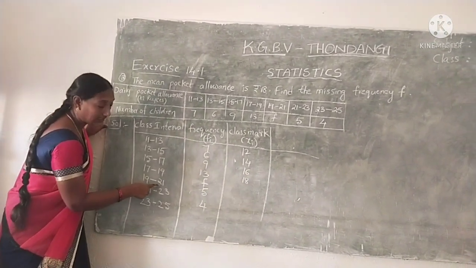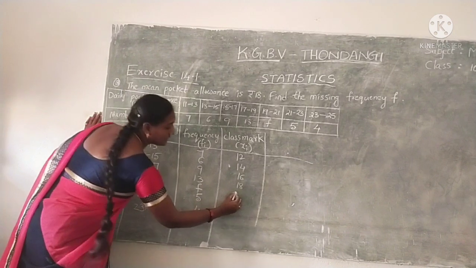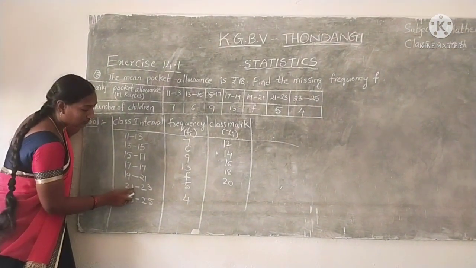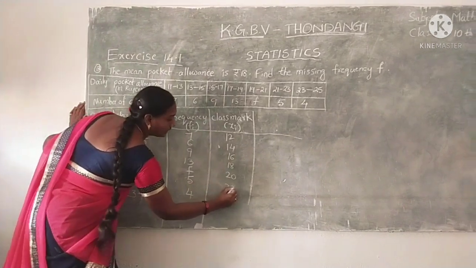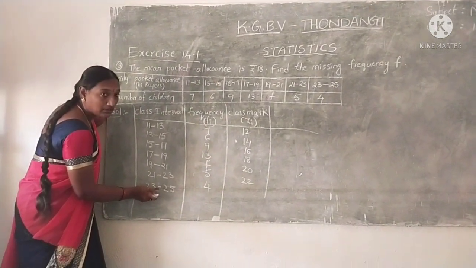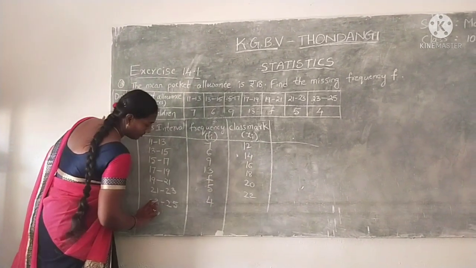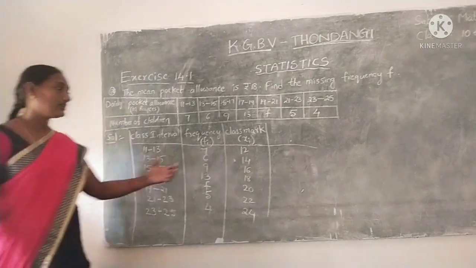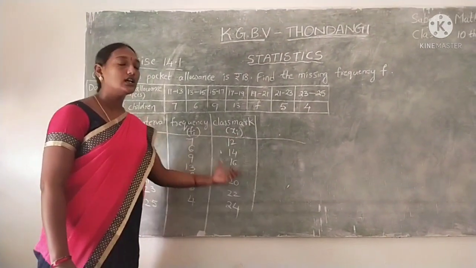Next, 19 and 21, the mid value is 20. 21 and 23, the mid value is 22. 23 and 25, the mid value is 24. So these are the class marks.